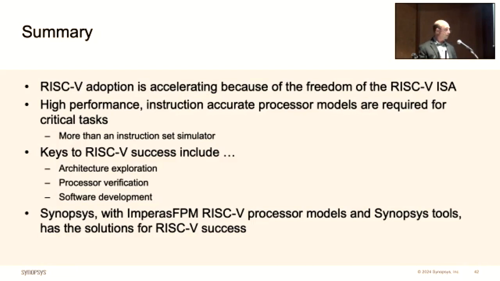The keys to RISC-V success include architecture exploration, processor verification, and software development, and these models, together with the other tools, help to accelerate these key tasks. And Synopsys, with the Imperas fast processor model, RISC-V processor models, and the Synopsys tools, have the solutions for RISC-V success.